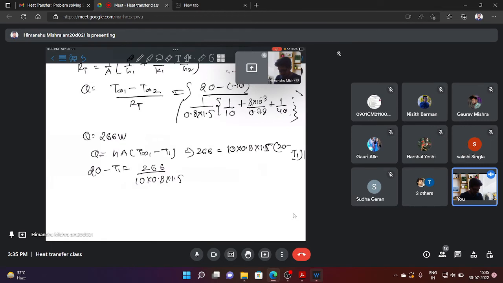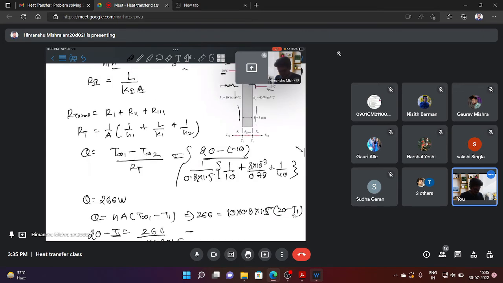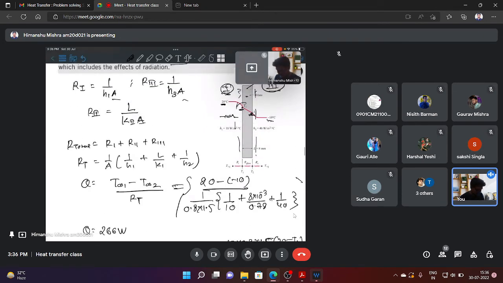We already get the temperature T1 from this relation, so T1 is now a known quantity. We can either use Fourier's law to find T2 when we consider the heat transfer in the second region, or we can use Newton's law of cooling, where the temperature T2 changes to minus 10 degrees Celsius.